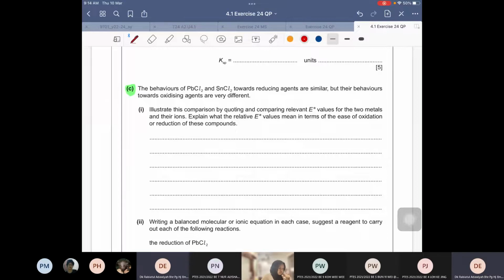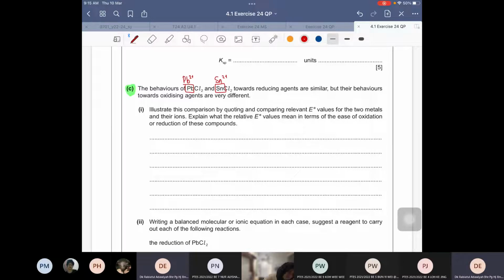Part C. The behaviors of PbCl2 and SnCl2 towards reducing agents are similar, but their behaviors towards oxidizing agents are very different. So the species that we are interested in is actually not the chloride, but it's actually the Pb2 plus and the Sn2 plus.